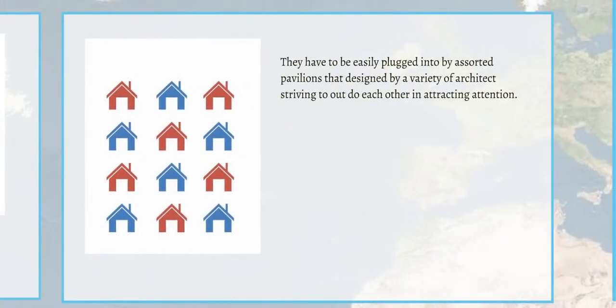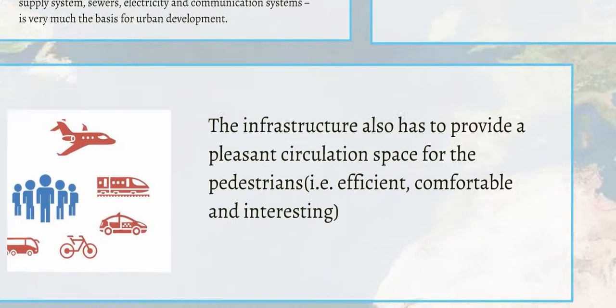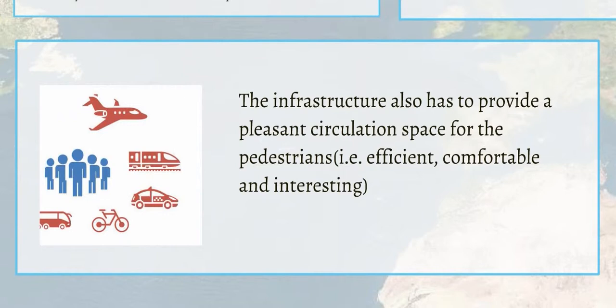They have to be easily plugged into by assorted pavilions designed by a variety of architects striving to outdo each other in attracting attention. The infrastructure also has to provide a pleasant circulation space for the pedestrian. It has to be efficient, comfortable and interesting.